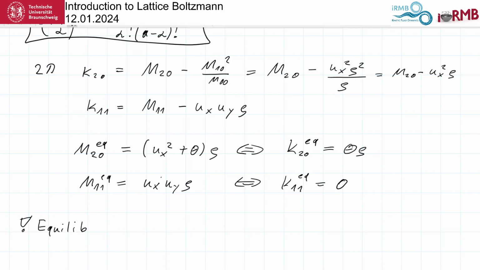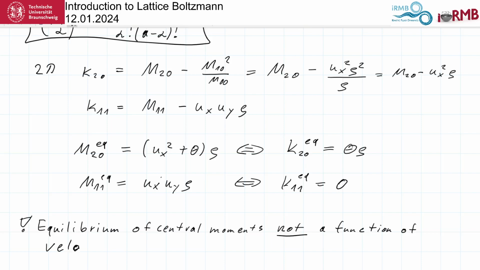The equilibrium of central moments is not a function of velocity, which makes sense because in the moving, material frame of reference, the velocity is 0.